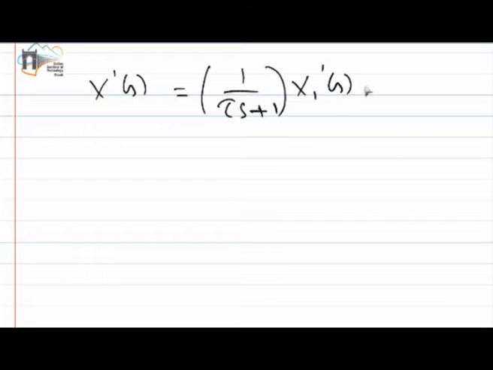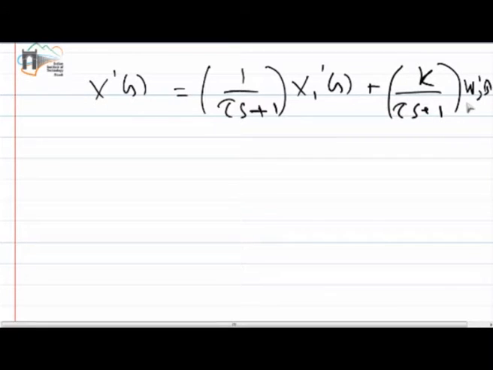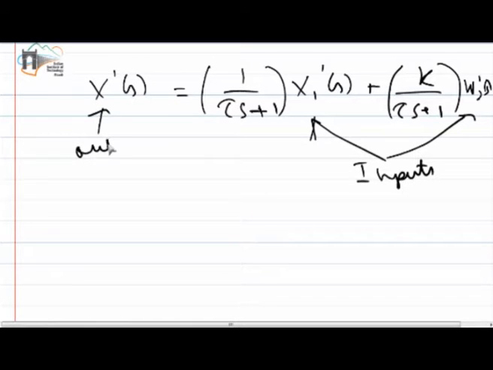Okay, after taking the Laplace transform, I would have x dash of s. So these are the inputs, and this is the output.